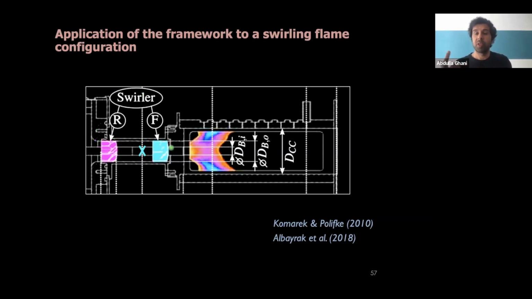And then there's one specific point. We have 2 different swirler locations. They changed the swirler from the front position, denoted by F, in one experimental campaign, and in the other one, they put it on the rear position, denoted by R. And the 2 power ratings that they had were 30 kilowatts and 70 kilowatts.